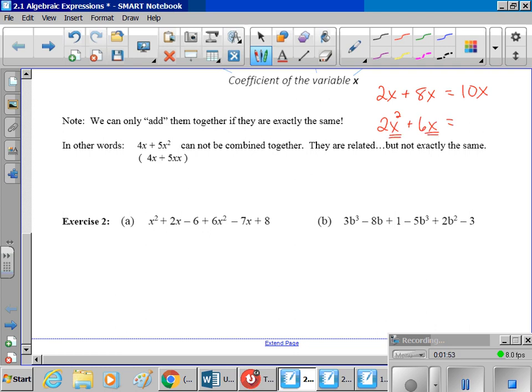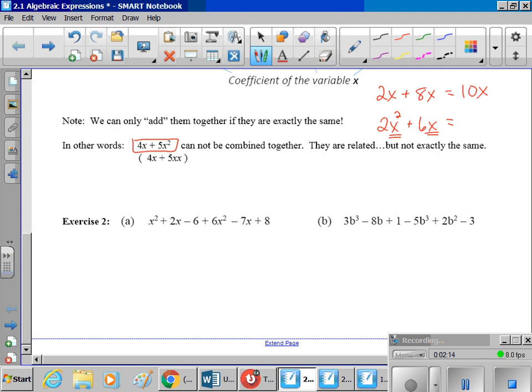They could be cousins, but they're not exactly the same. So in this case, you cannot add those like terms together, and you just leave them as 2x squared plus 6x. Here's the same thing: 4x plus 5x squared cannot be combined together. They're related, but they're not exactly the same.